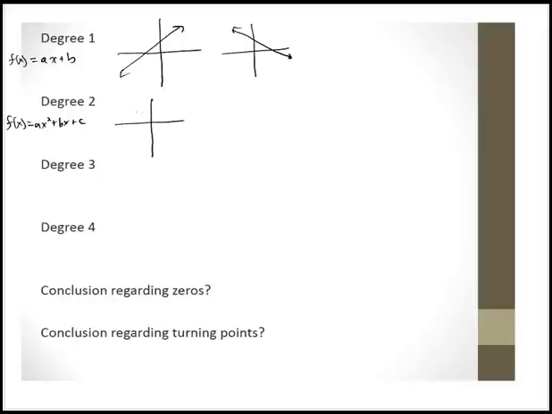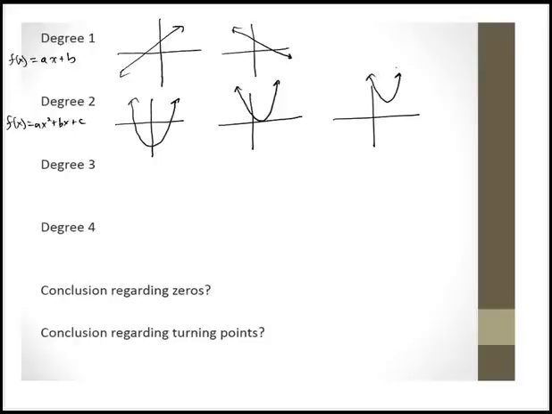Really, we could have a graph that does like this. We could have a graph that does something like this. We could have a graph that does something like this. I'm just sort of worrying about location.